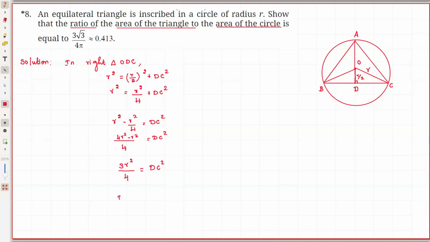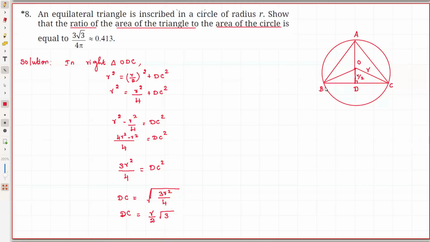Therefore DC is equal to the square root of 3R square divided by 4. 4 is a perfect square number, so I can bring it outside. R square is outside. The square root of 4 is 2, so the balance is only root 3 inside. Correct? Yes.